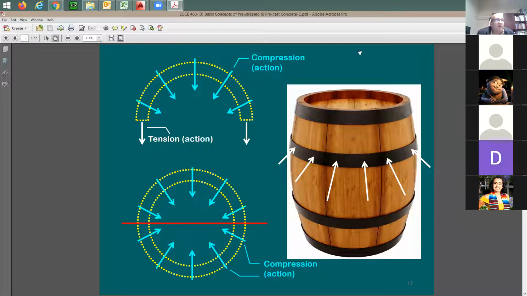Okay. Now look at this barrel here. This is different because before I start to fill it with fluid, with water or whatever, I applied already some stresses on it. So now it's exposed to compressive stresses, even before I start to fill it with fluid. So if you just bring this container or this tank or this barrel and put it there on the ground, it's going to be exposed to some stresses.